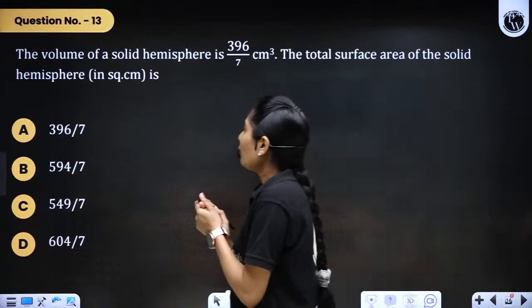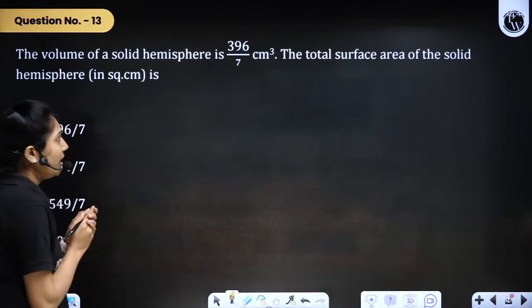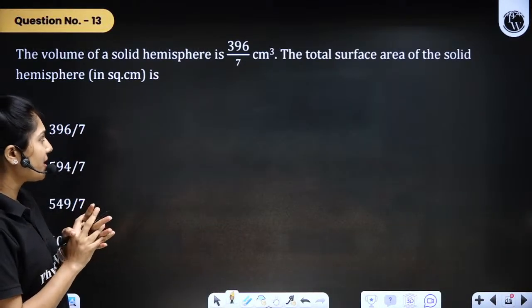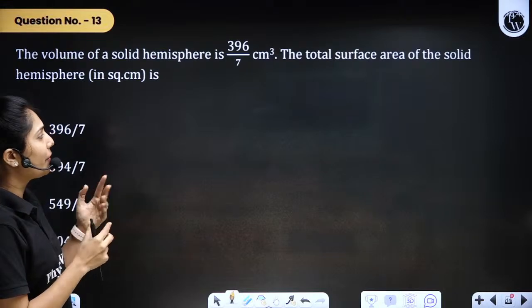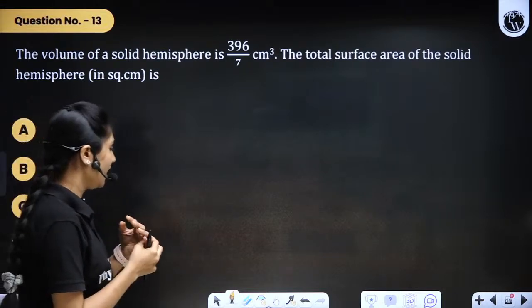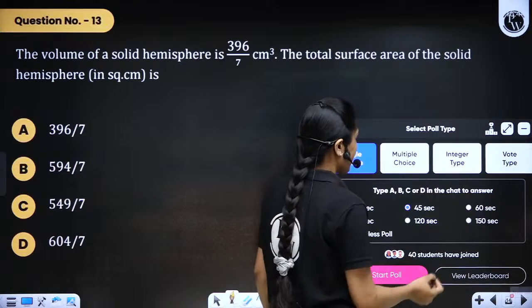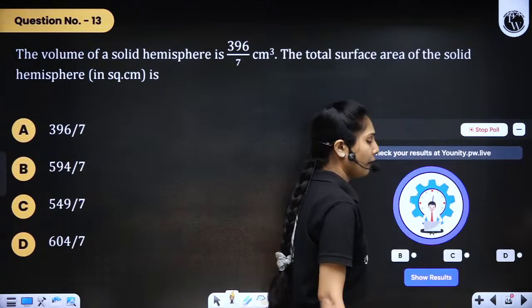Next is: the volume of a solid hemisphere is 396 by 7 centimeter cube. The total surface area of the solid hemisphere is, okay. Just take your time. Tell me the formulas also.